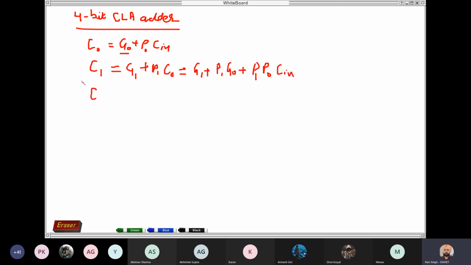Then C2 we can write, now it will be G2 plus P2 into C1.